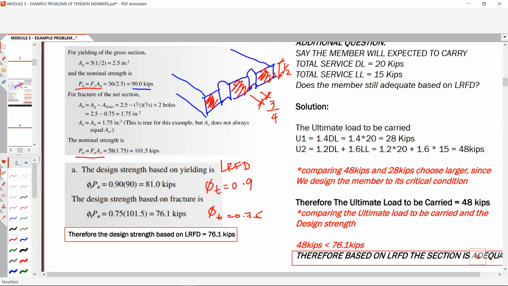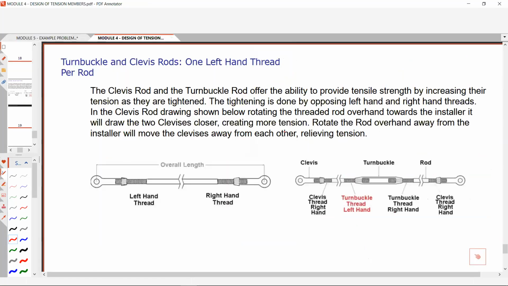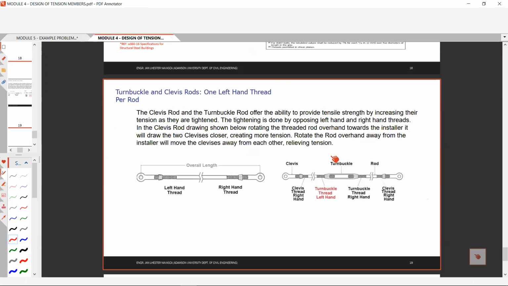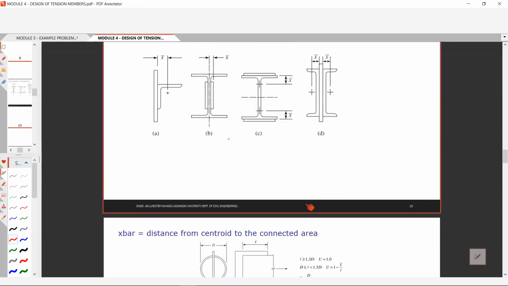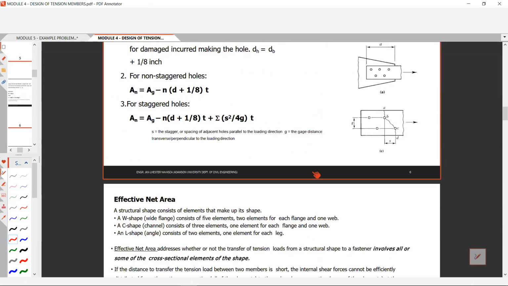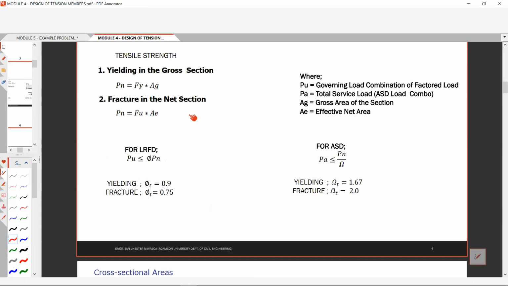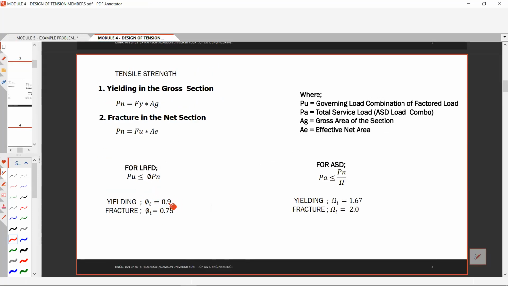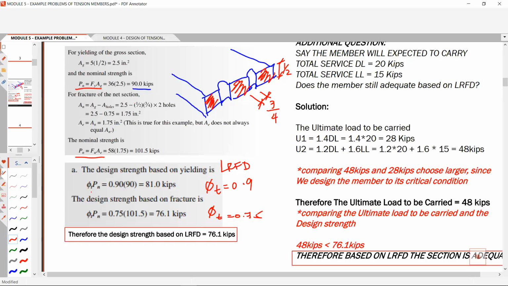Okay, so I think I need to open module 4 to show it. So we have the yielding phi in LRFD that is 0.9, and for fracture that is 0.75. So the design strength based on yielding is 0.9 multiplied by the nominal strength on cross-section yielding, that is 81 kips.